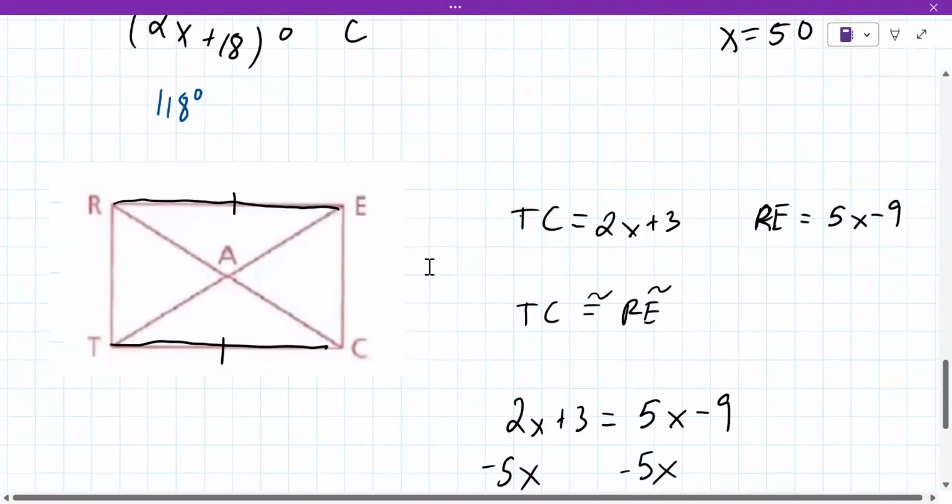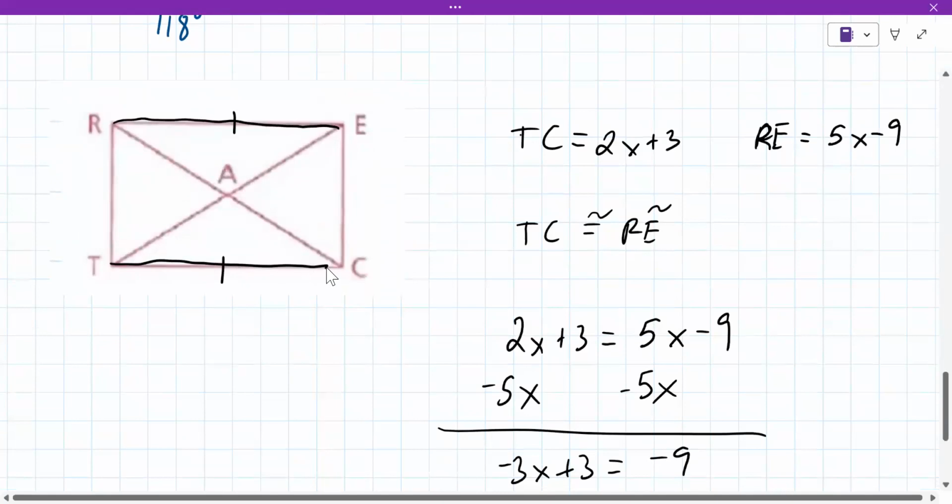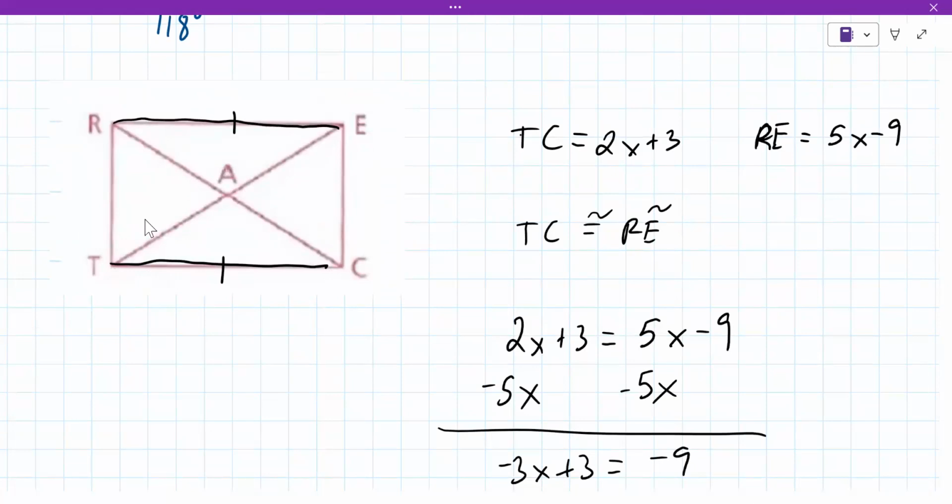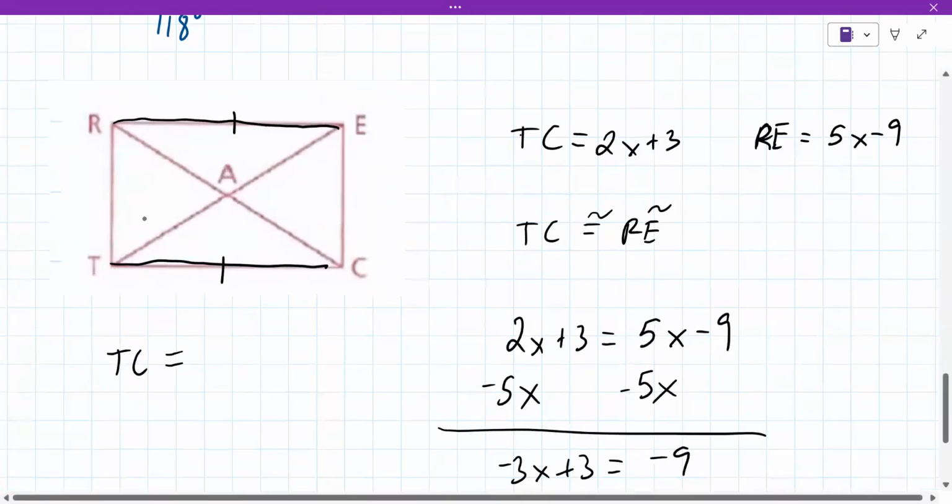Okay, so I want you to calculate the length of TC. What does TC equal?